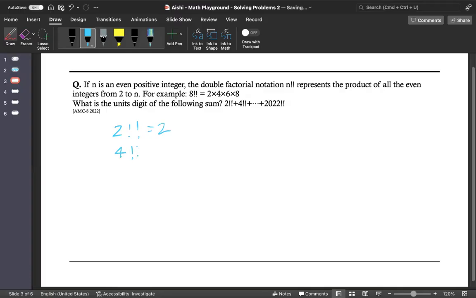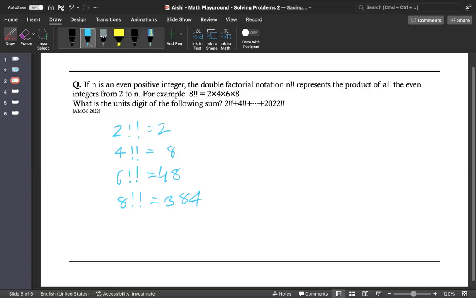4 double factorial is equal to 2 times 4, which is 8. 6 double factorial is equal to 48. And then 8 double factorial is equal to 384.